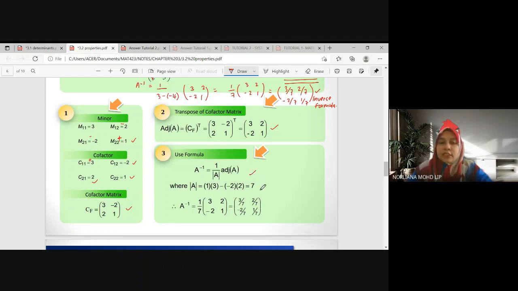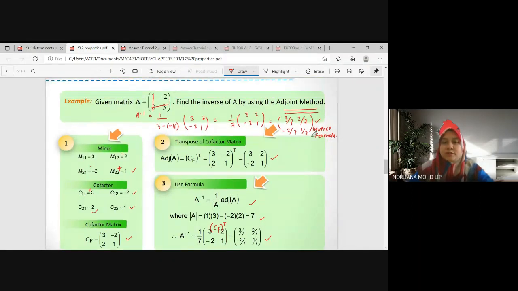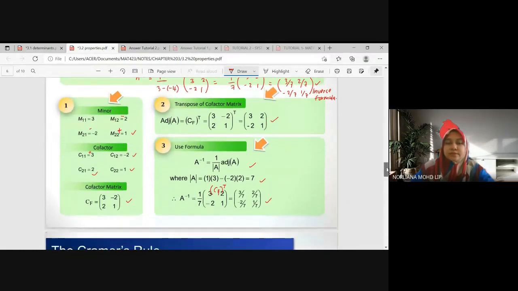The determinant of A is equal to 7, and then this one is the cofactor transpose of the matrix. So you have the same answer as using the inverse formula in the previous chapter, chapter 2.